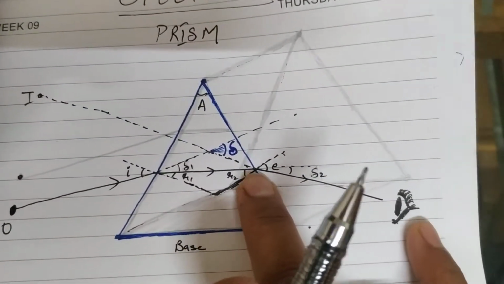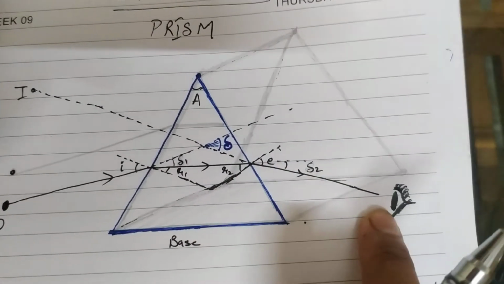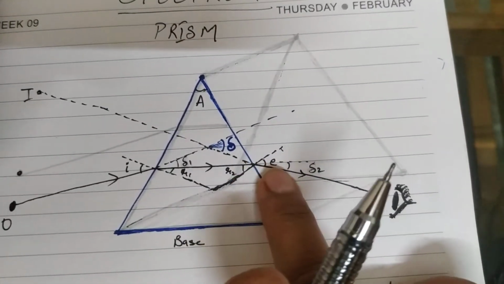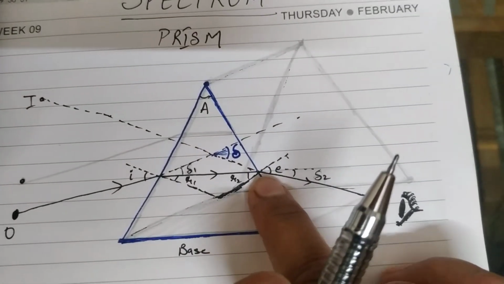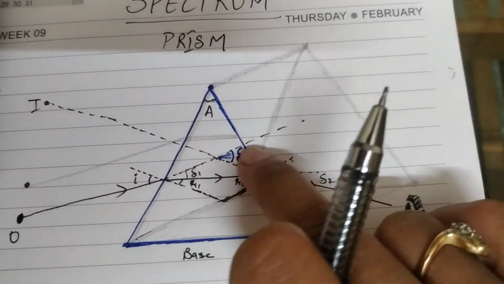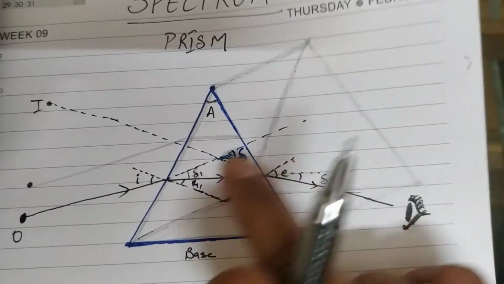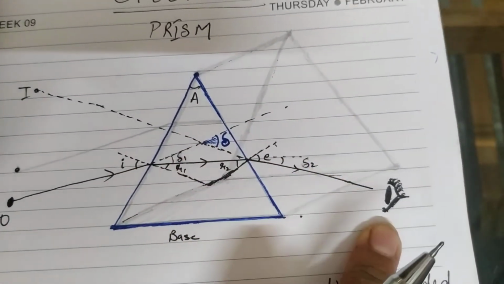and while coming out of the prism it should bend towards the baseline, towards this line. So bending should be towards the baseline. It should never be shown above this direction, because this is the final direction and it has got bent towards this direction.